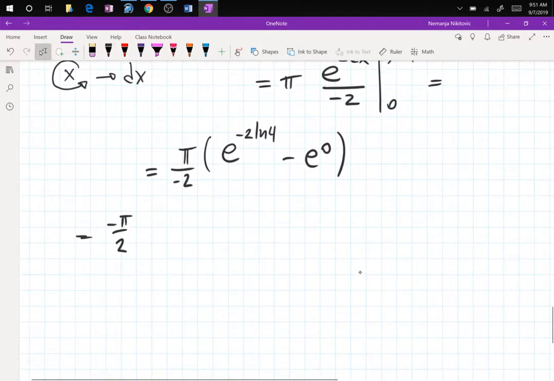Okay, now we need to deal with this e to the negative 2 ln 4. Negative 2 jumps inside ln 4 as the exponent of 4, and then it becomes 1 over 4 squared, which is 1 over 16. So this is e to the ln of 1 over 16.